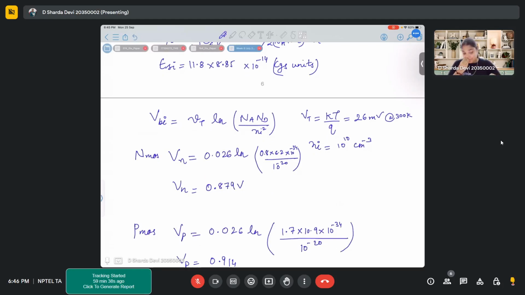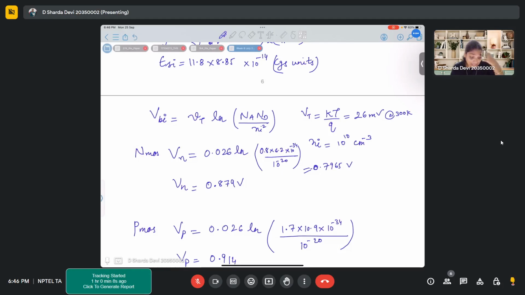So what are the values that we are getting by substituting these? For this particular case, we are getting minus 0.7965 volts, and for the other one, we are getting somewhere near that.